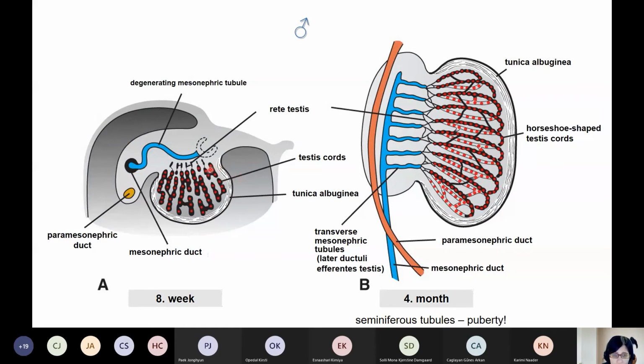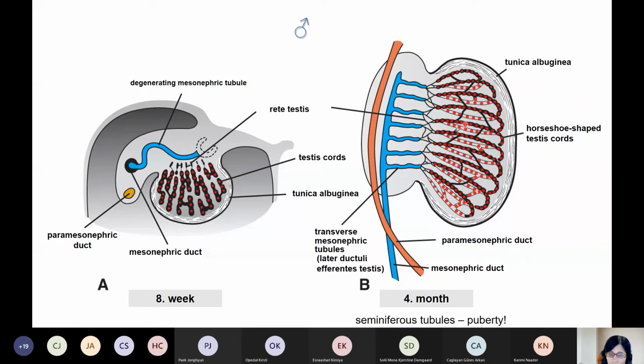So for the gonad, we need the primitive sex cords, which will go into the medullary region of the testis, and they will become the testis cords. On the surface, they lose the connection with the surface because this connective tissue layer will be formed, and this will be the tunica albuginea.